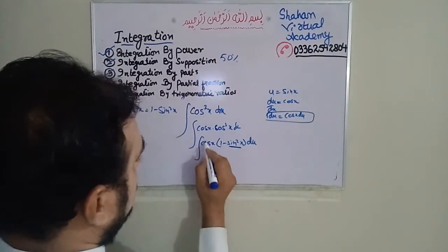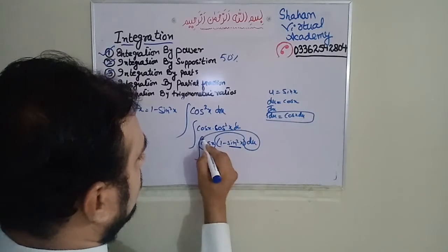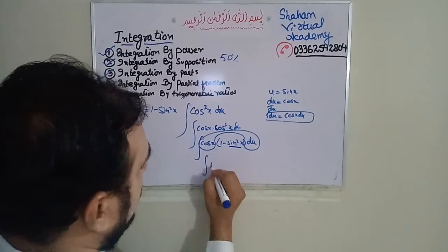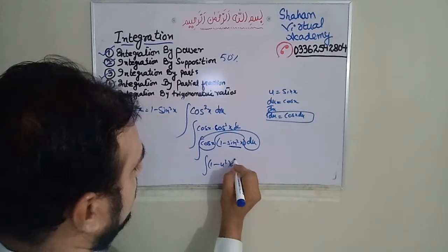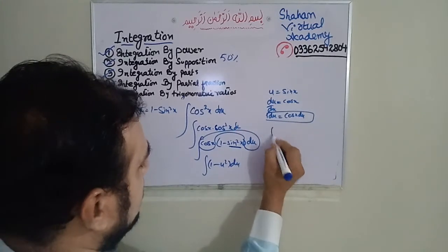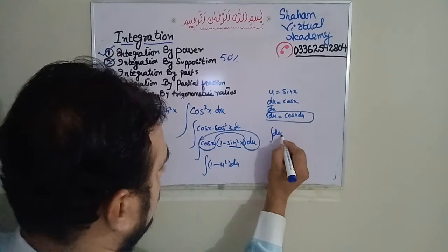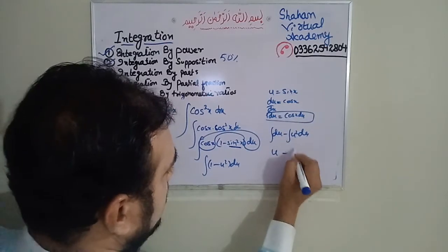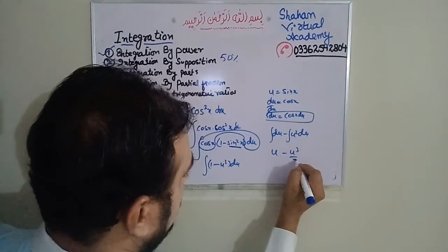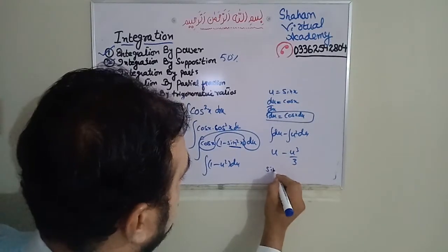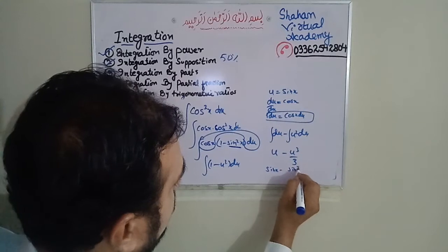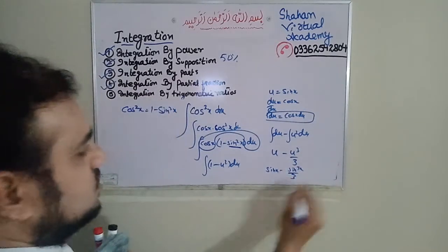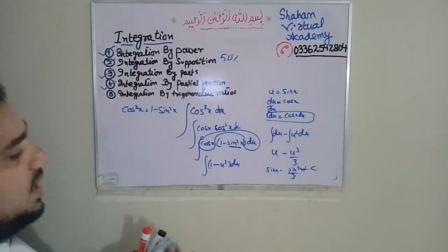Okay, so this becomes du, and this becomes the integral of (1 minus u square) du. So when you apply it, du and u square du, it becomes u and u cube upon 3. So it's simply sine x minus sine cube x upon 3. Okay, so this is the integration.